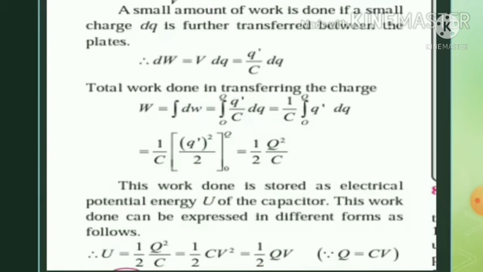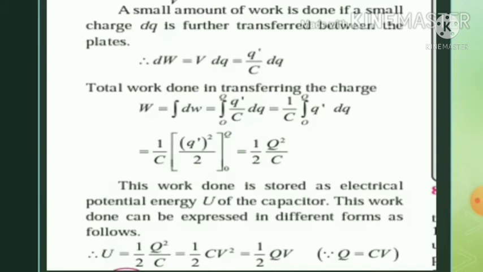So we can find the work done from when zero charge is present on the capacitor to when it is fully charged, with capital Q the total charge after the charging process.